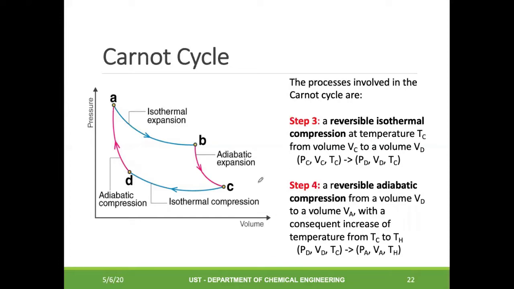Step 3 is a reversible isothermal compression at TC from volume VC to VD. And the last step is a reversible adiabatic compression from VD to VA with a consequent increase of temperature from TC to TH as it goes back to its original state.